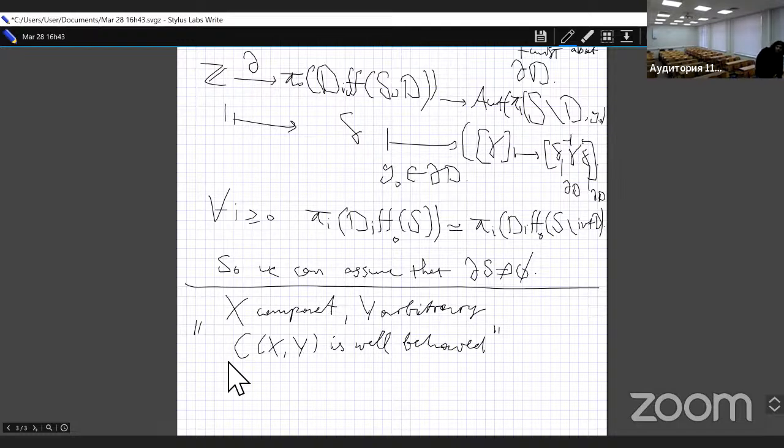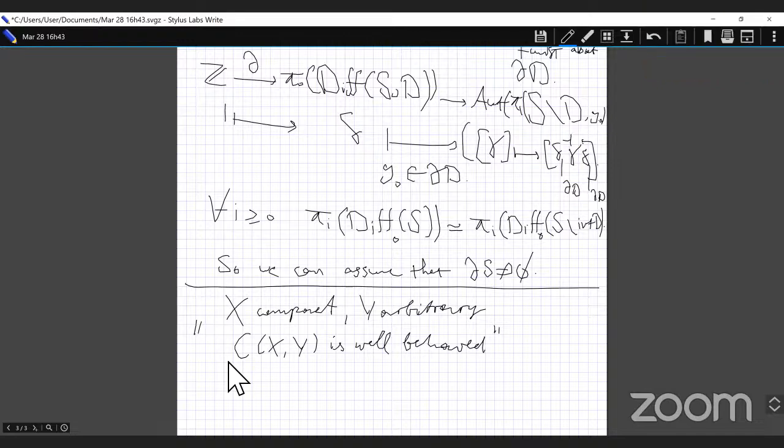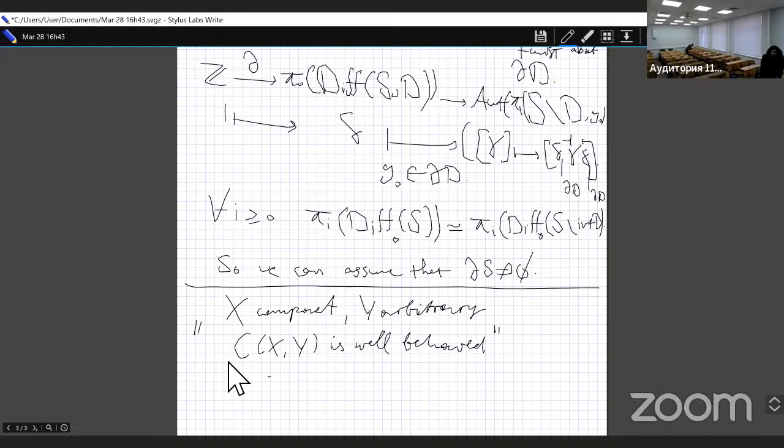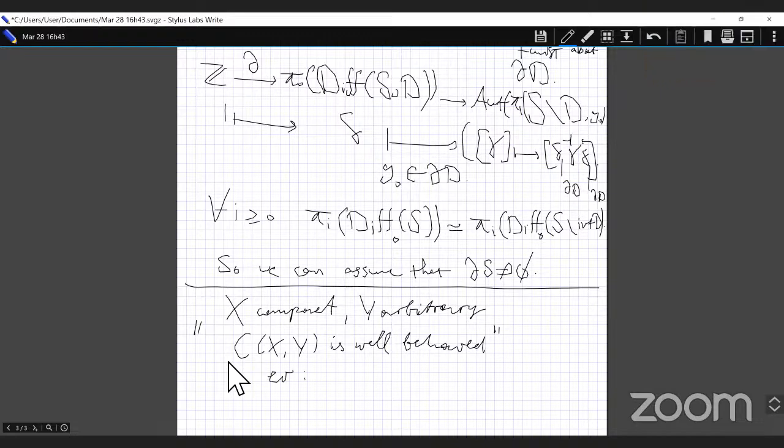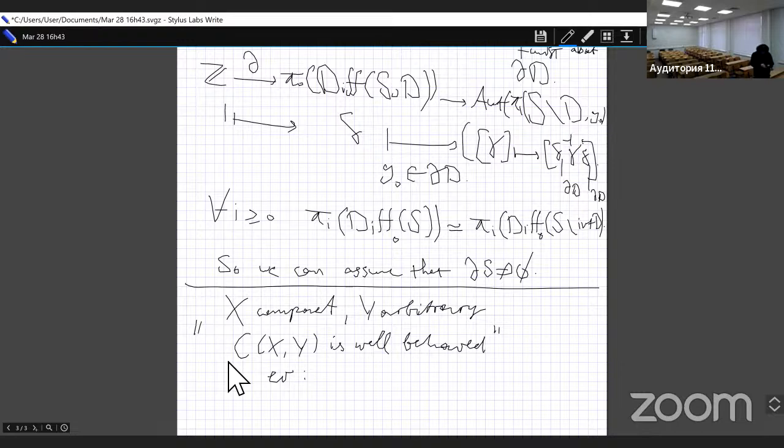Let's forget about diffeomorphisms and look at the mapping spaces. We have the evaluation map from Y cross X to Y, and you're saying if X is compact and I evaluate at a particular point, this will be a fibration. Why is this so?